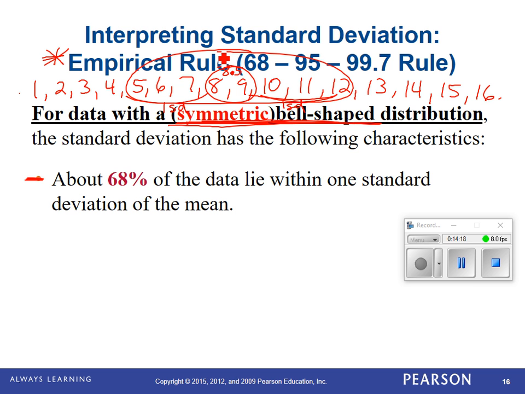What's 68% close to? Yeah, it's about 70%, so 7 out of 10, about 2/3. 2/3 is 67%, right? So what you're saying is, either higher or lower, about 2/3 of the data have got to fall within that range of the mean. So anytime you're given data, about 2/3 of it should fall in that range.